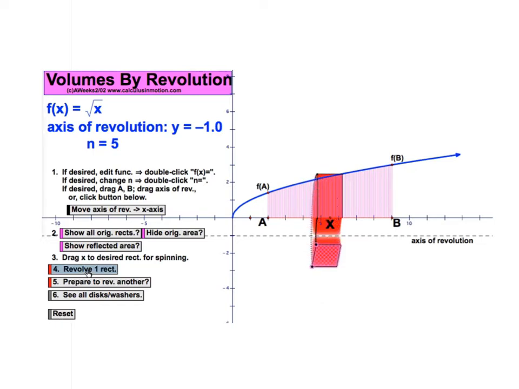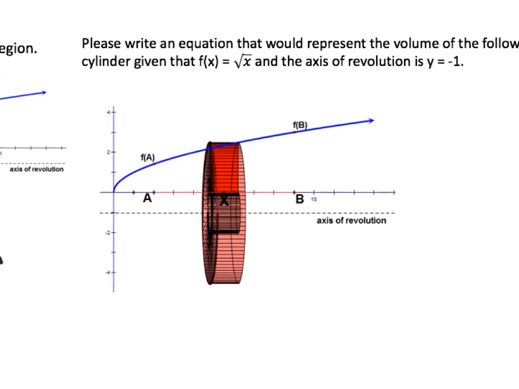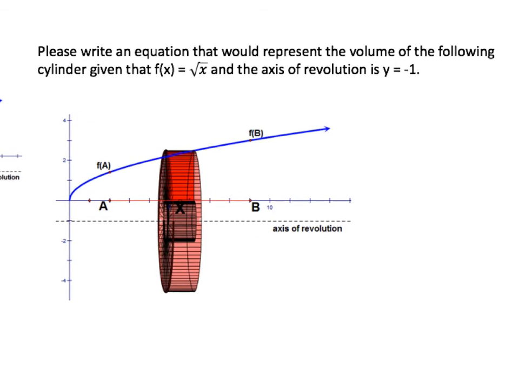Okay, so what I want to do is now write an equation that would represent the volume of the following cylinder, given that f of x is equal to the square root of x, and the axis of revolution is y equals -1. So the volume of this washer, and we're going to use what we had before. We're going to do pi. But now what I want to do is identify what my big radius is.